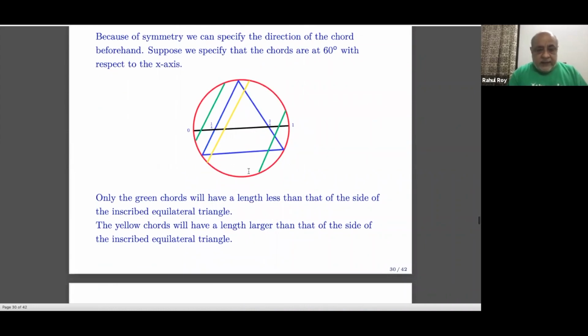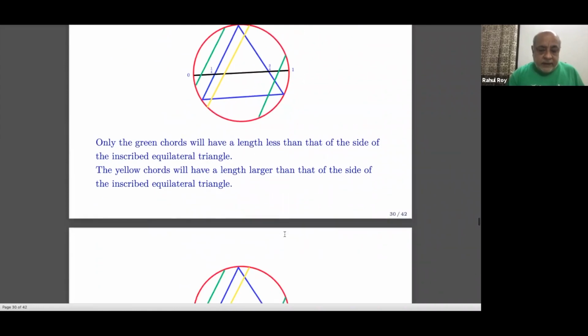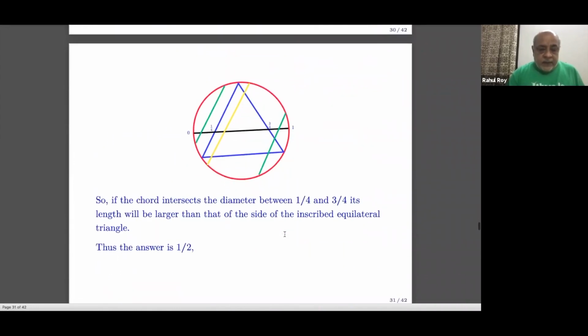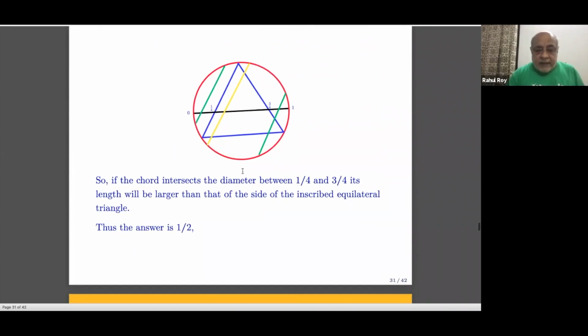As you can see here, it's only the yellow chord. What does this mean? This means that if the chord intersects the diameter between 1/4 and 3/4, then its length will be larger than the side of the inscribed equilateral triangle. Now, 3/4 to 1/4 has a length of half, and the remaining part also has a length of half.